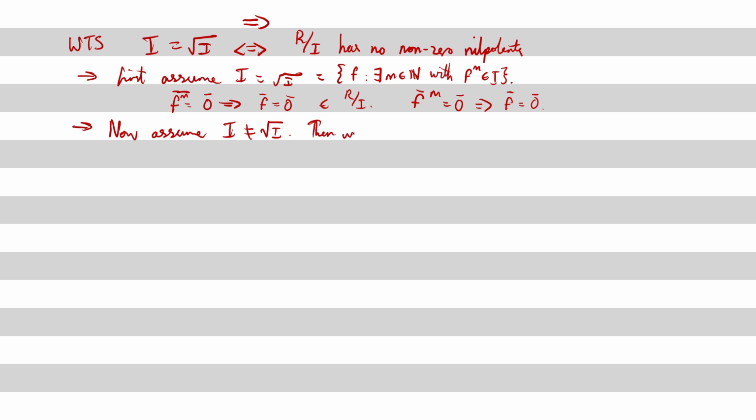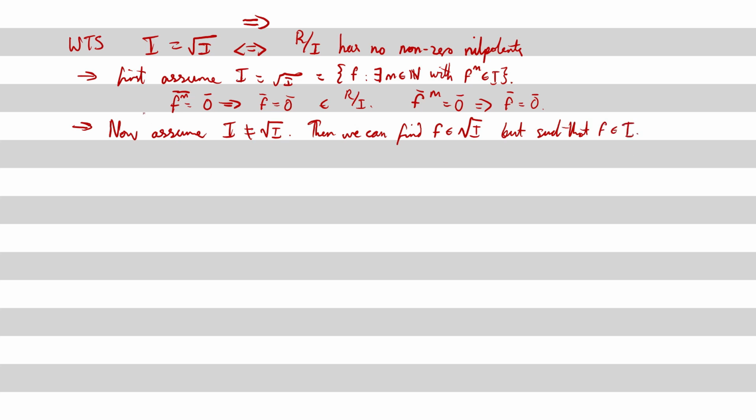Then we can find a ring element f within the radical, but such that f is not within our ideal.